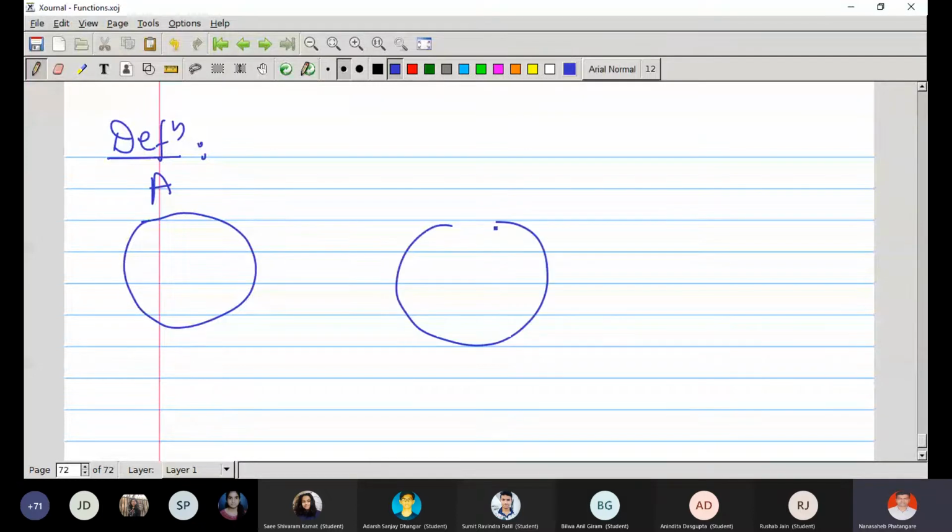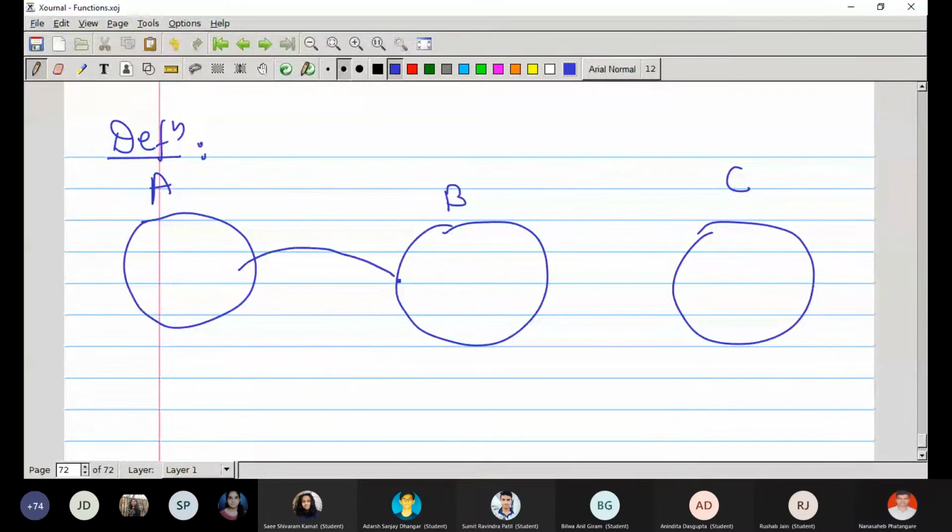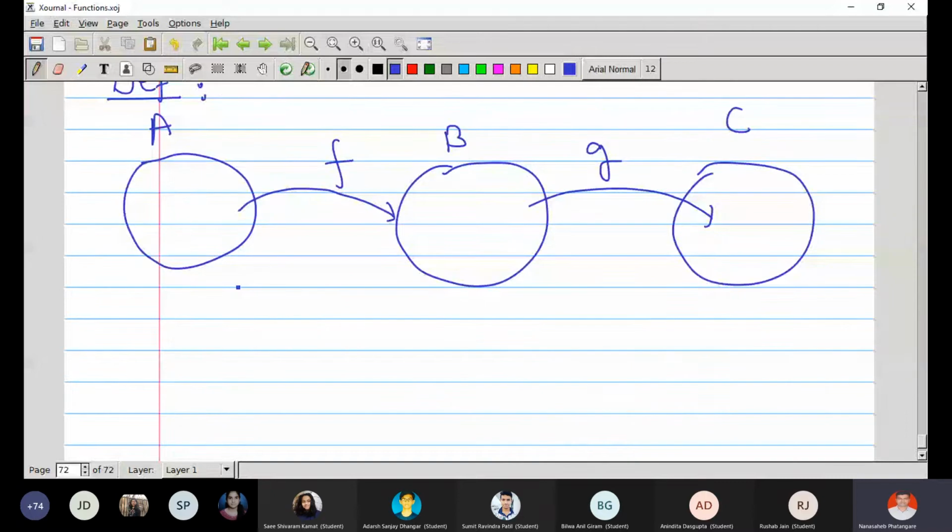So f is a function from A to B and g is a function from set B to C, right? Then what is a function from A to C, directly from A to C? So we want to understand such functions now.